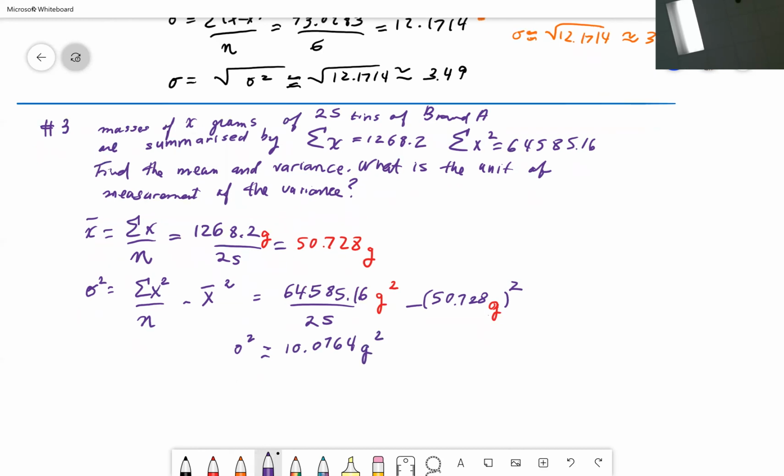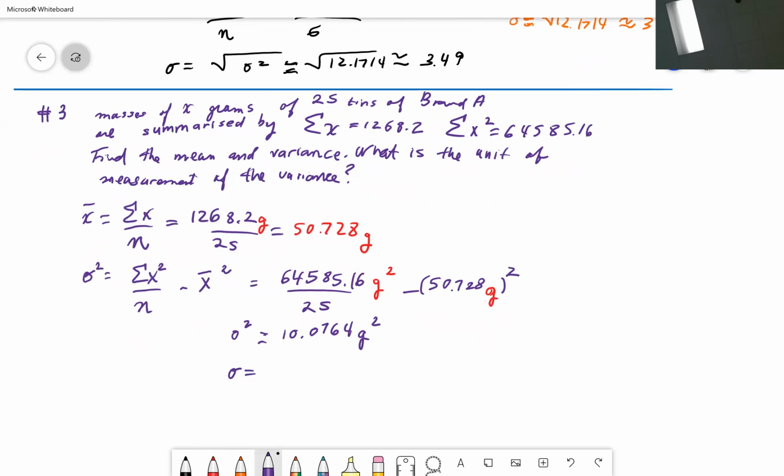Now when I square root that, the square root of 10.0764 grams squared is going to be approximately 3.174, and the grams are just grams now. You see it?